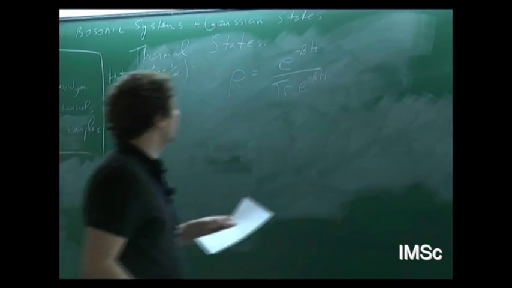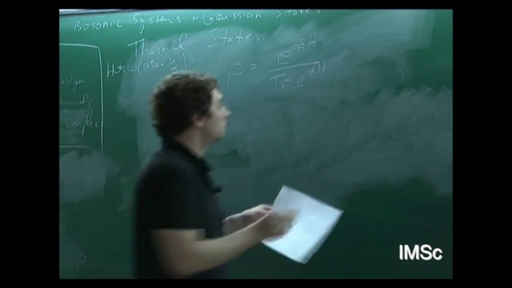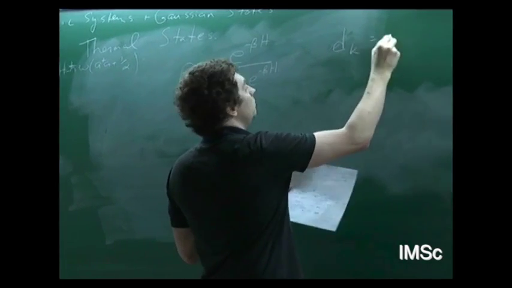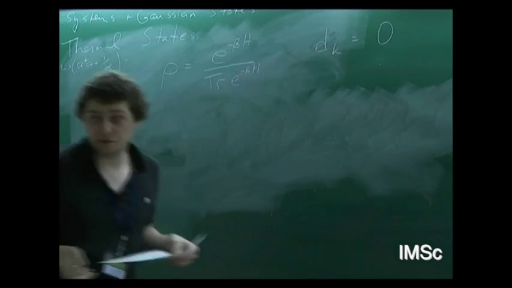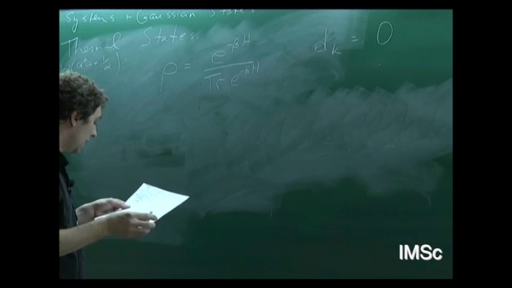So this, it turns out, is also a Gaussian state. And we can prove that, for example, the displacement of this guy is also 0. The way to do that, or one way to do that, is you can basically expand this in the number basis. And if you write this in the number basis, it ends up looking like the following.